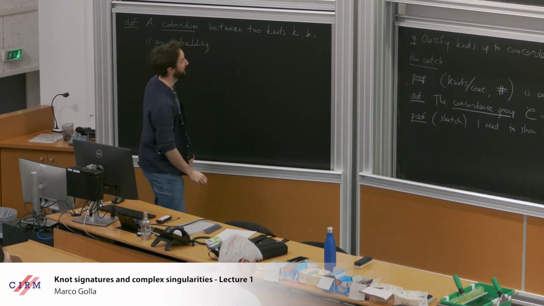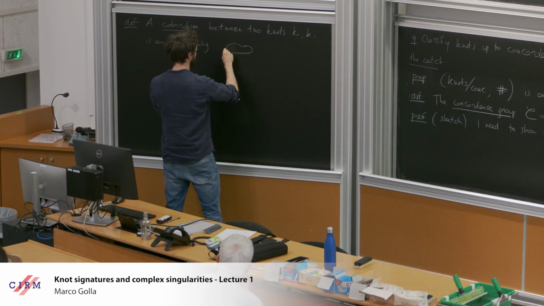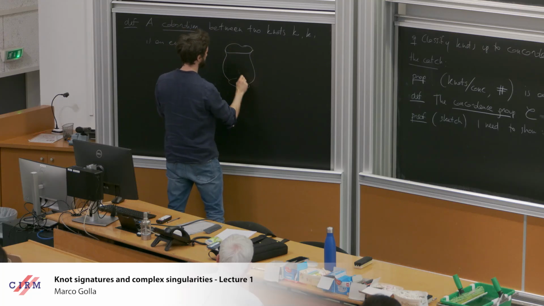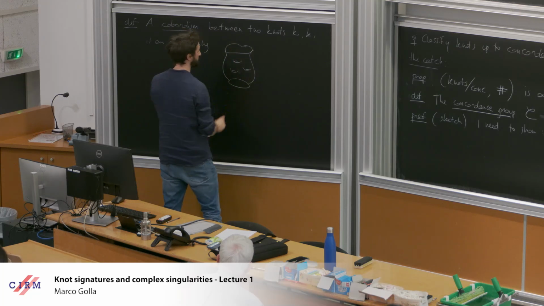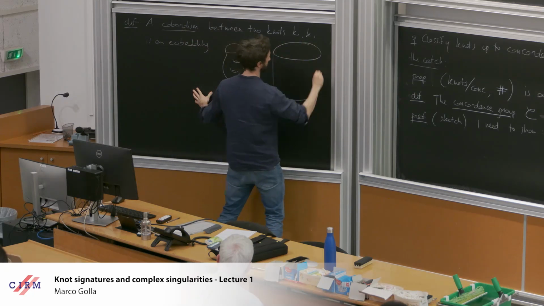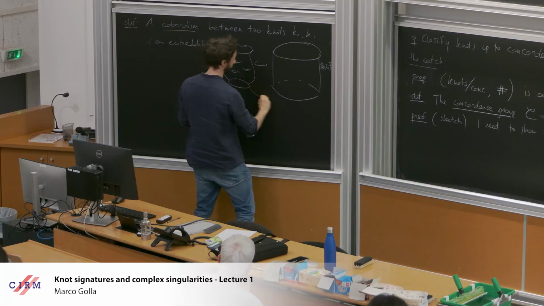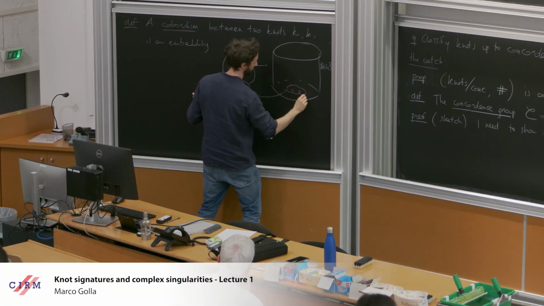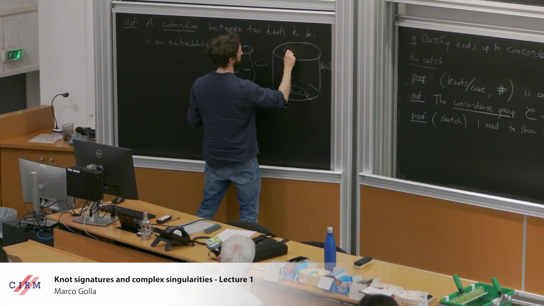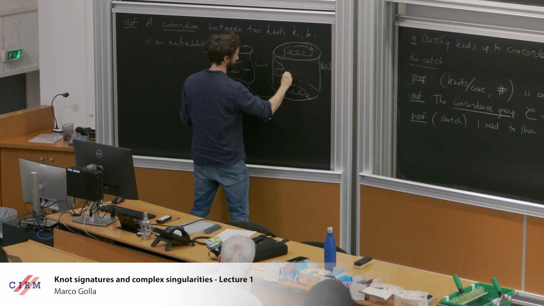And let me not write down everything precisely, but I have a surface of some genus that is embedded in S3 times the interval, or interval times S3. And I want the lower part to be mapped to K0, the upper part to K1, and in between it does whatever it wants.